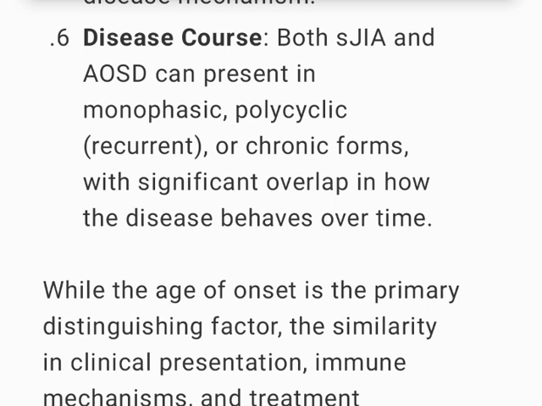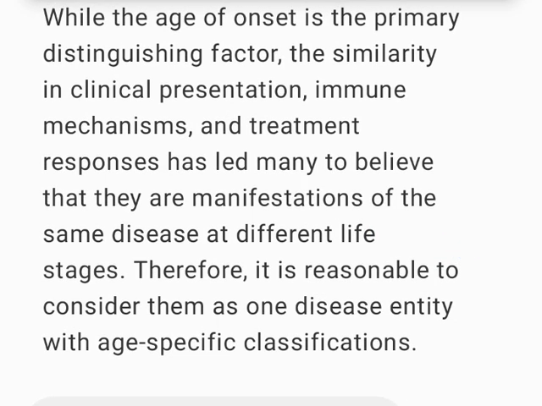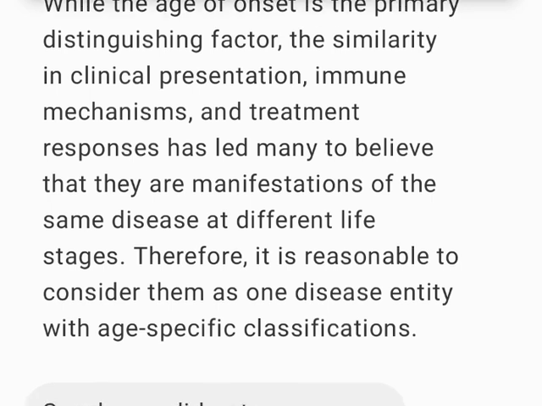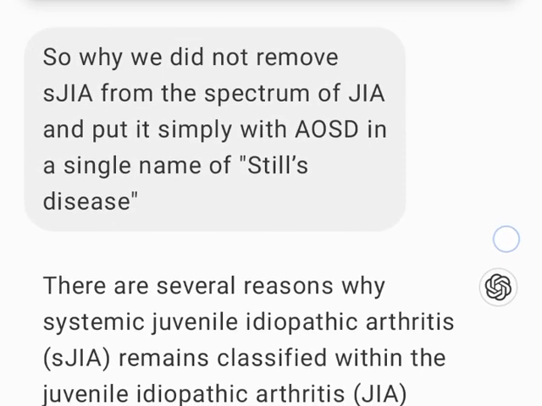Both SJIA and AOSD can present in monophasic, polycyclic, recurrent, or chronic forms, with significant overlap in how the disease behaves over time. While the age of onset is the primary distinguishing factor, the similarity in clinical presentation, immune mechanisms, and treatment responses has led many to believe that they are manifestations of the same disease at different life stages. Therefore, it is reasonable to consider them as one disease entity with age-specific classifications.